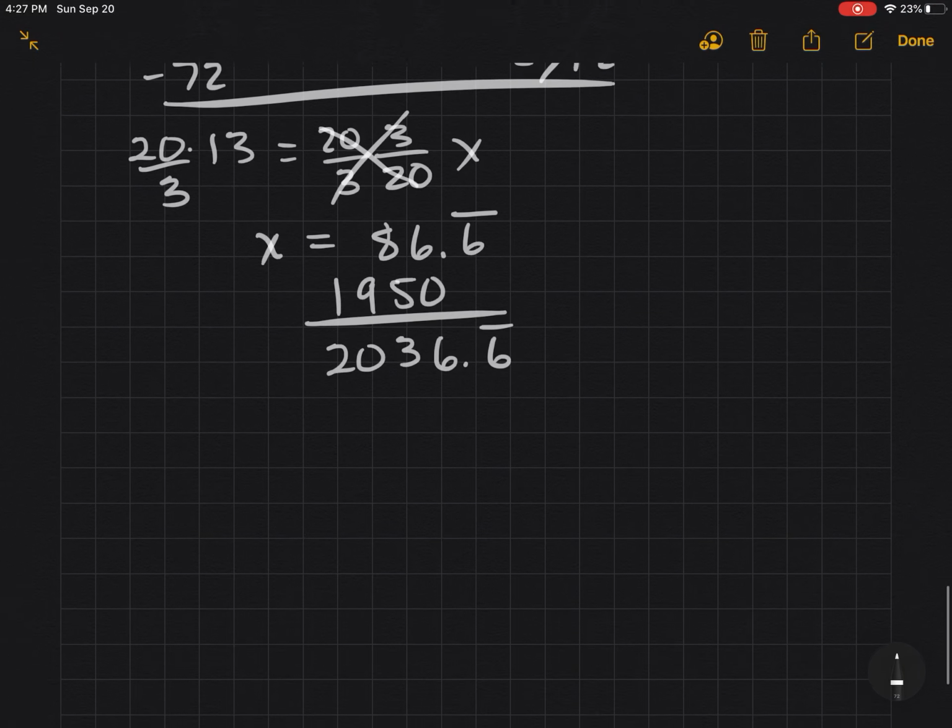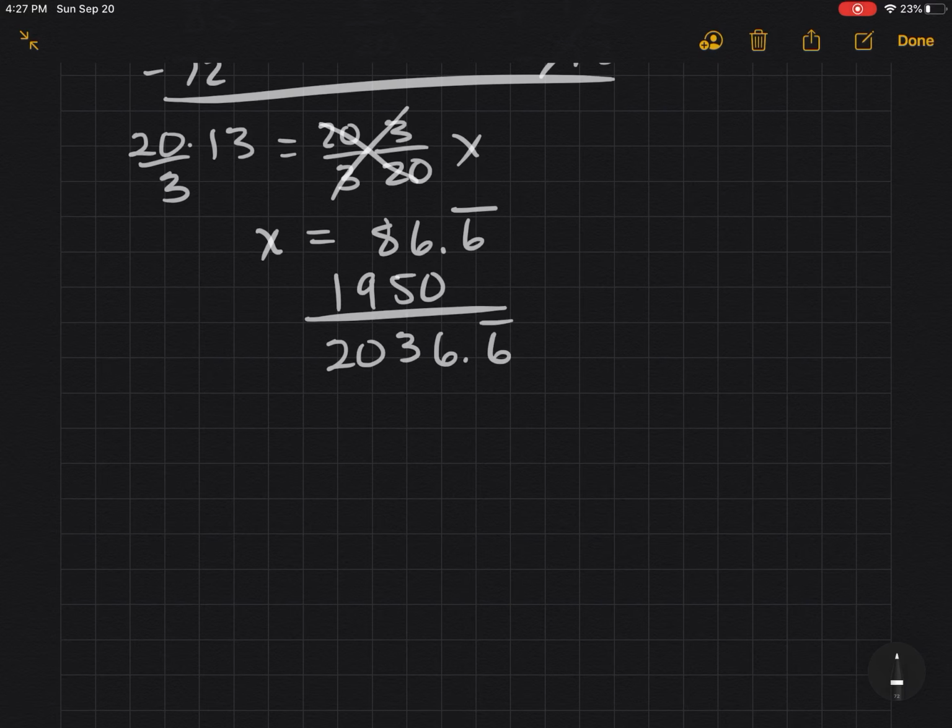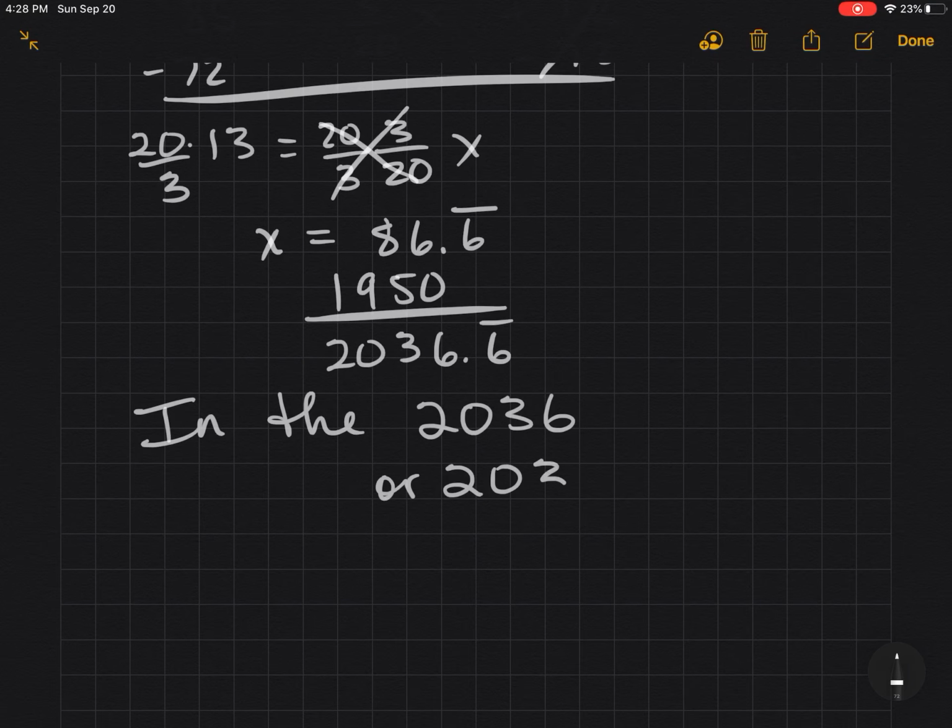I would say that's probably somewhere in August. So I'd be okay if you were to answer in the year 2036, or I could see an argument if you answered in the year 2037. I wouldn't mark either of them incorrect.